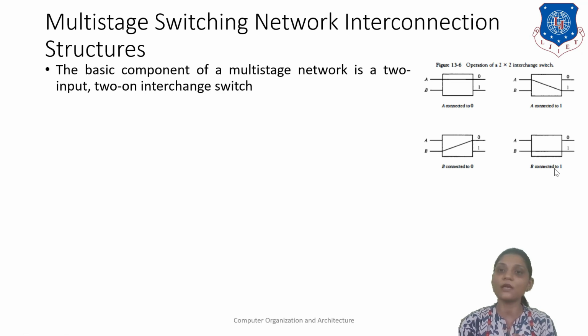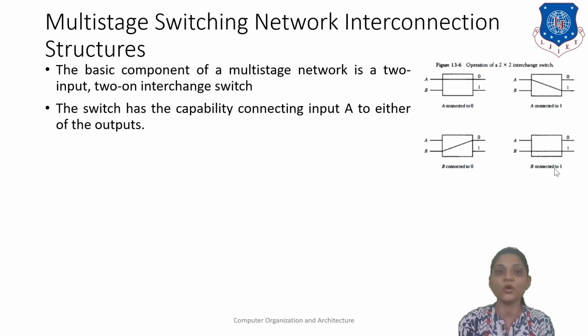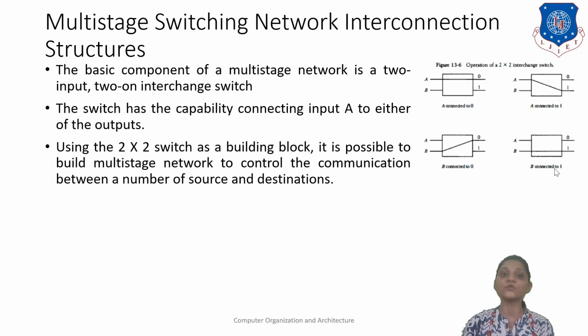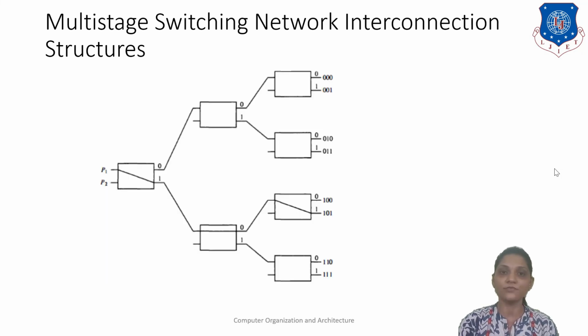This way, any input can be connected to any output. Using this 2 cross 2 switch as a building block, we can build larger networks, larger trees, for the sources and destinations in this way. Here we have used multiple 2 cross 2 switches to create the tree, and for that we have four output connections. This way we can use different interconnection structures for the multiprocessor system.